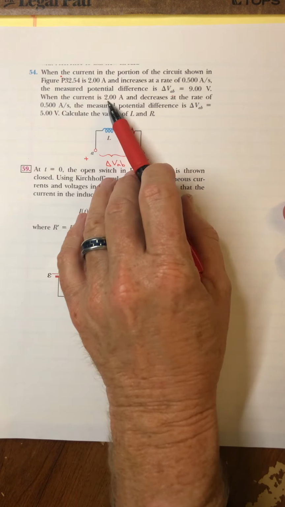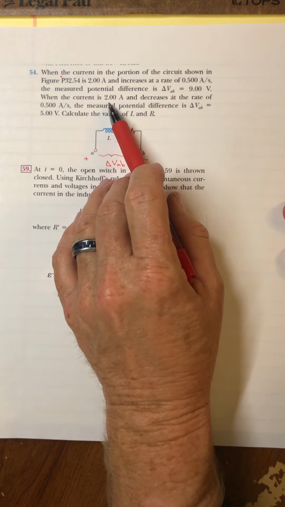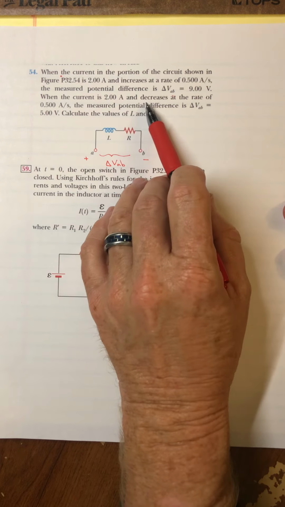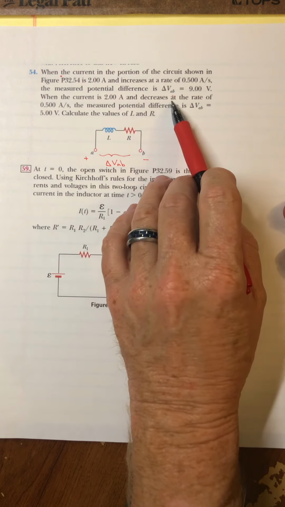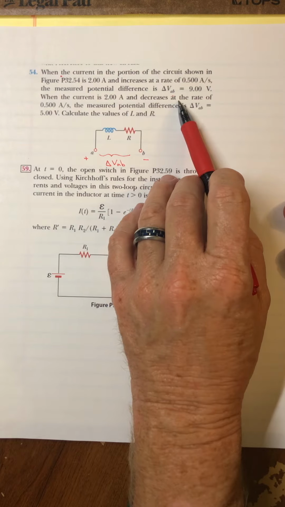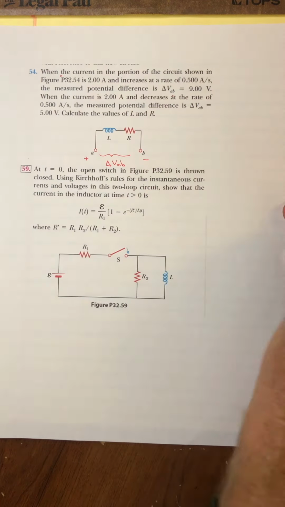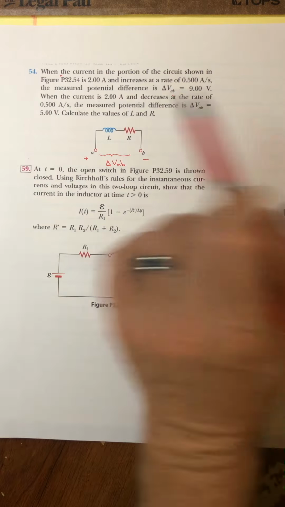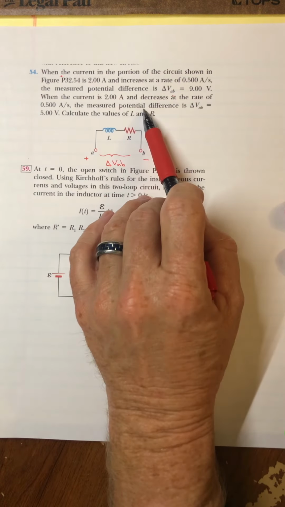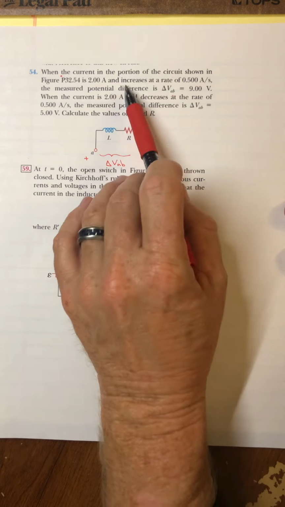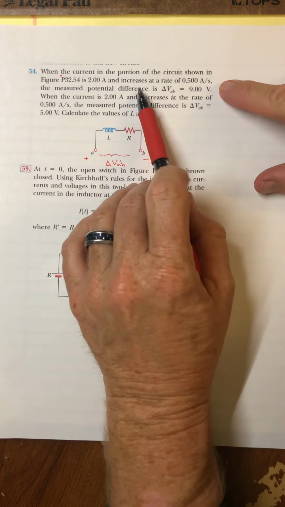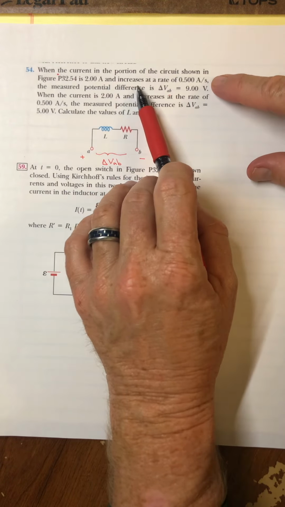When the current is 2 amps and the current is decreasing at a rate of 0.5. The measured, and it's increasing. Sorry, went too fast there. And it's increasing.